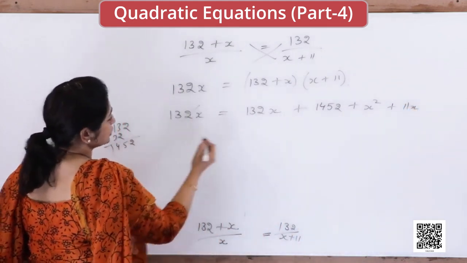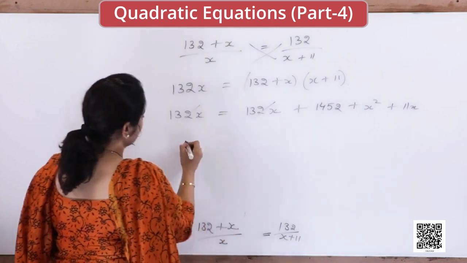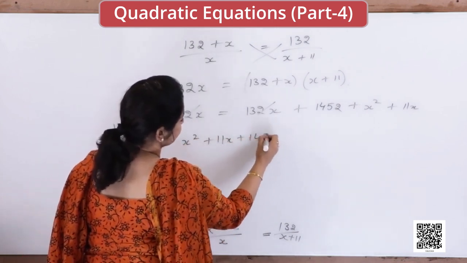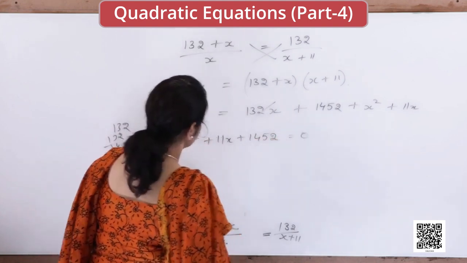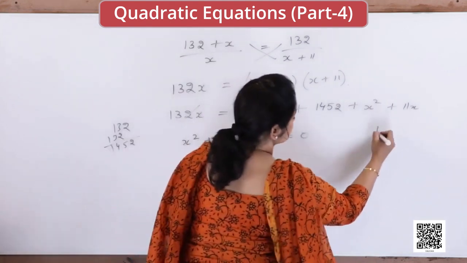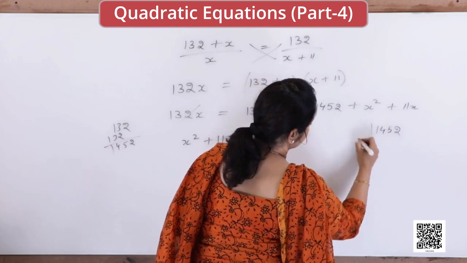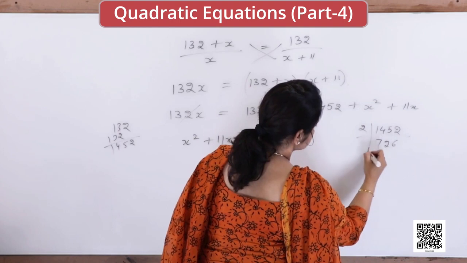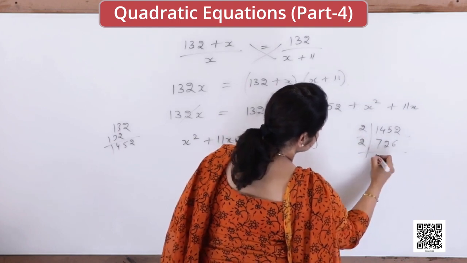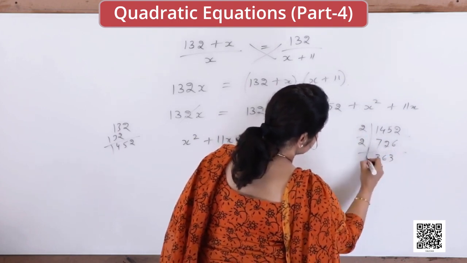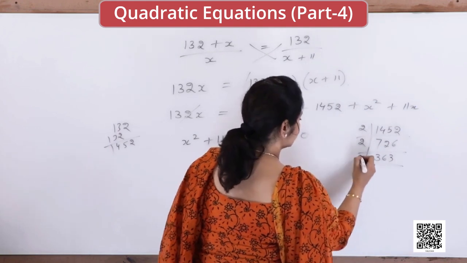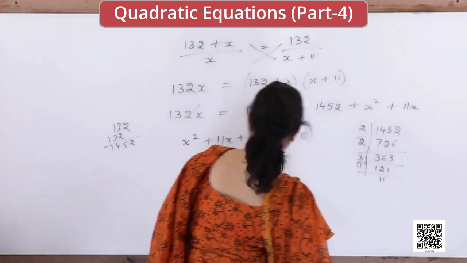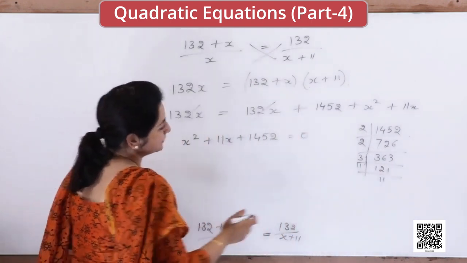Now, this 132x will get cancelled here and we will have x square plus 11x plus 1452 equals to 0. We can solve it by factorizing. So, 1452. Factorizing it, we will get 726. Now, dividing by 2, 363. Now, dividing by 3, we get 121. It will give us 11 into 11. Now, we need to make 11 here.